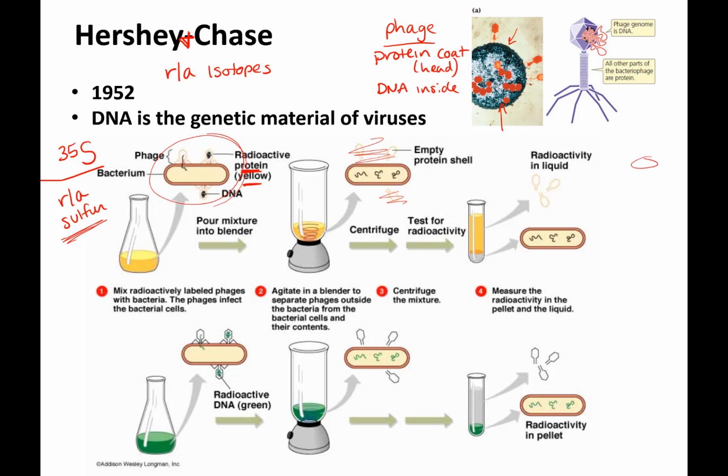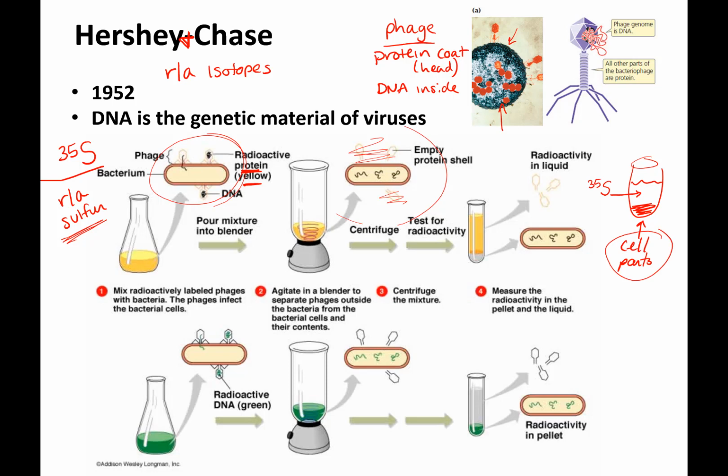Centrifuge, which means you separate out things by weight. So all the cell parts were at the bottom. The liquid was everything outside of the cell, and they found out that the liquid was radioactive. So the protein did not go into the cell.